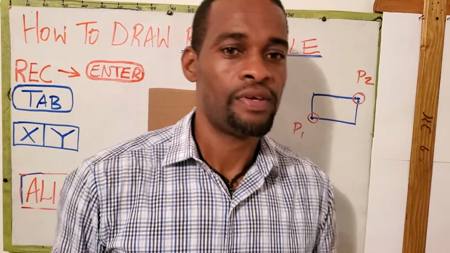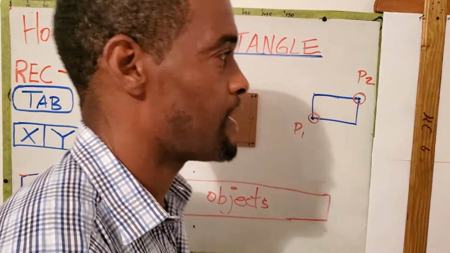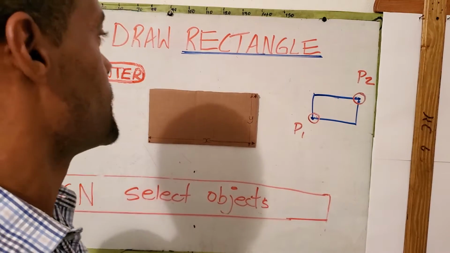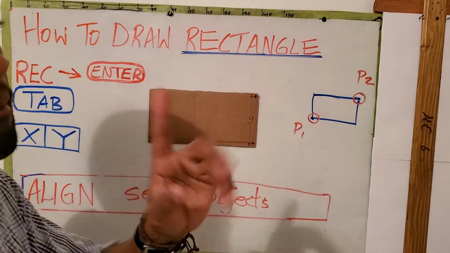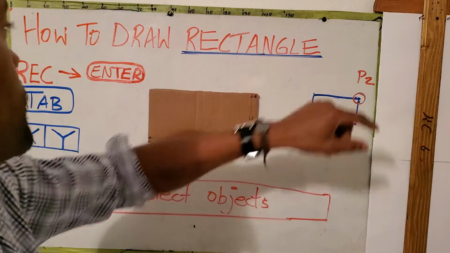Welcome back, guys. In this video I'll be showing you how to draw a rectangle, and there are a few things that we need to take note of when drawing a rectangle. One, we need a minimum of 2 points, point 1 and point 2.